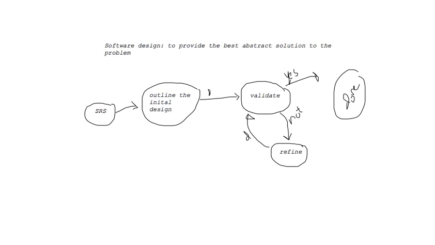Okay, so in the last lecture we also discussed common design mistakes. Going for a concrete solution is a design mistake, and not documenting is a design mistake.